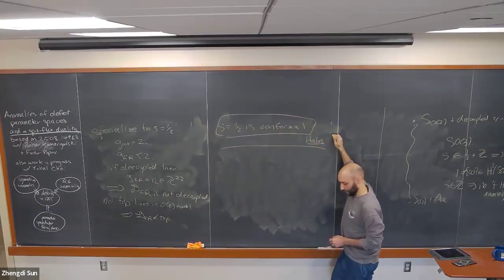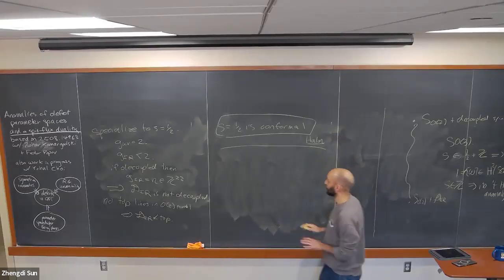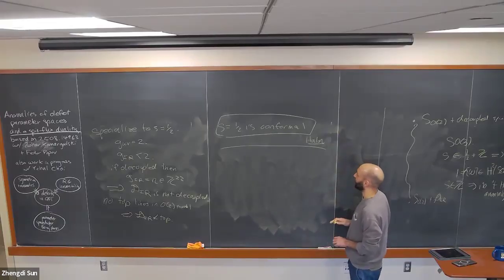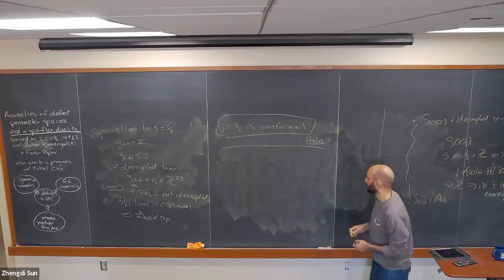People have done lattice simulations of this defect, and they do observe that it looks like it behaves conformally. So certainly this claim is not ours, but maybe this is a kind of argument that high energy people can sink their teeth into.